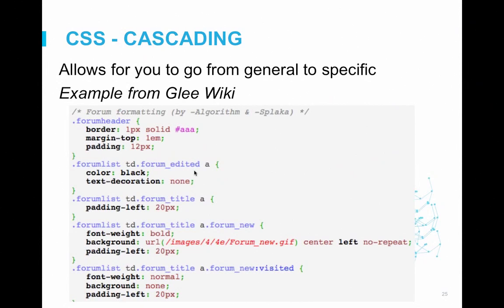And then the browser will compute or combine all the styles to give you the final look of the element. And actually, this is what you are using when you're editing your common CSS file, because you're, in essence, overriding the defaults that Wikia has set for your wiki. And you're using this cascading property to apply new styles to existing styles.